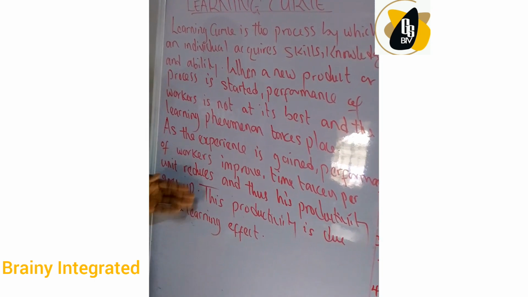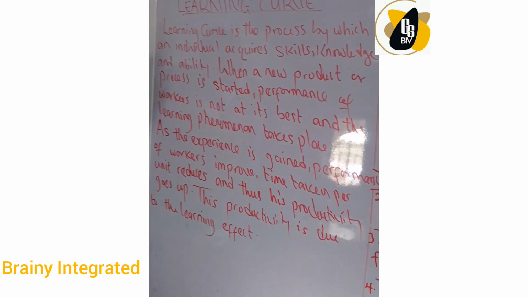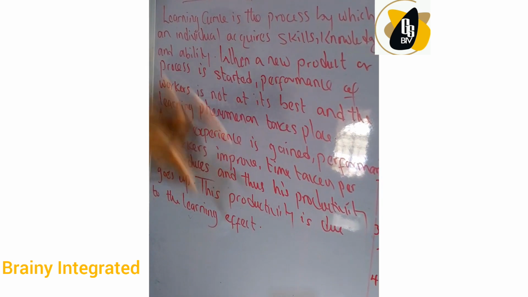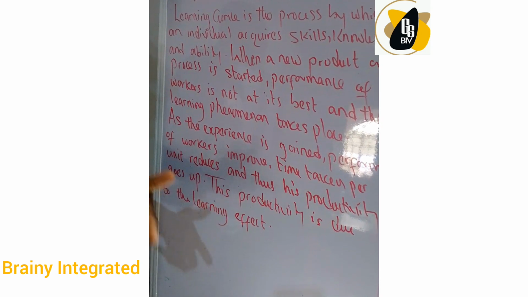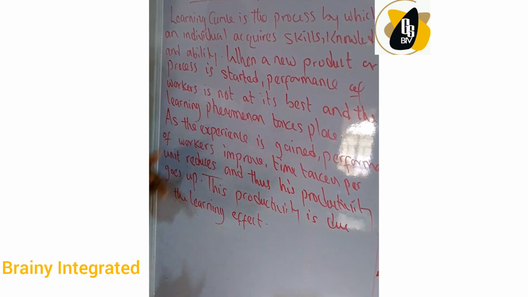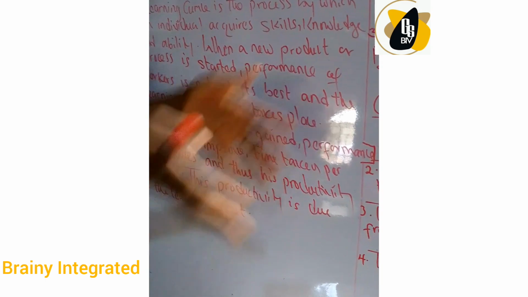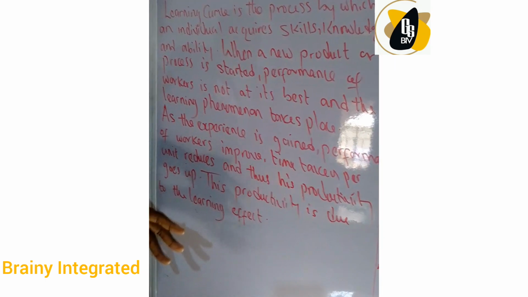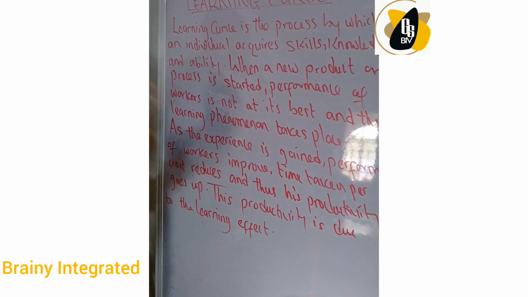The productivity gain is due to the learning effect that has taken place. So learning curve is the process by which individuals, workers, gain new skills, knowledge, and ability in the process of carrying out their day-to-day activity, or when a new product or process is being introduced.